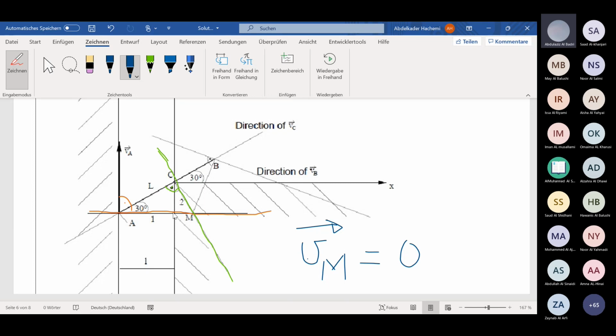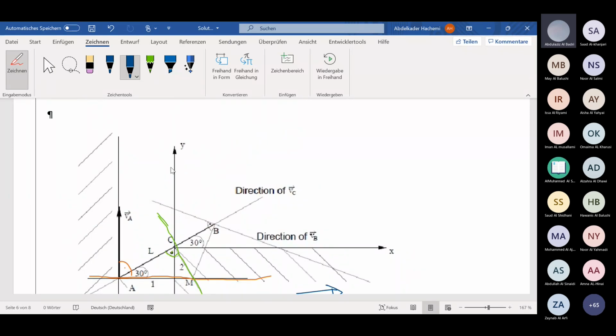Then we have L cosine alpha in the x direction, and in the y direction we have L sine alpha, and both, of course, when you see the point E, are negative.